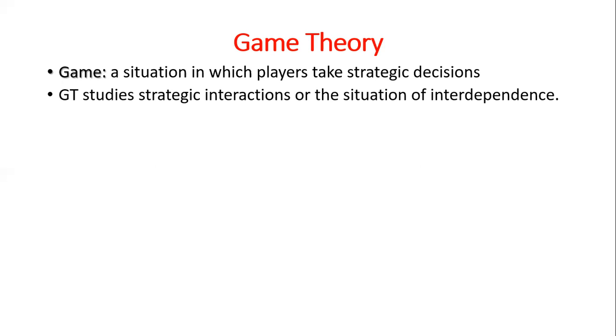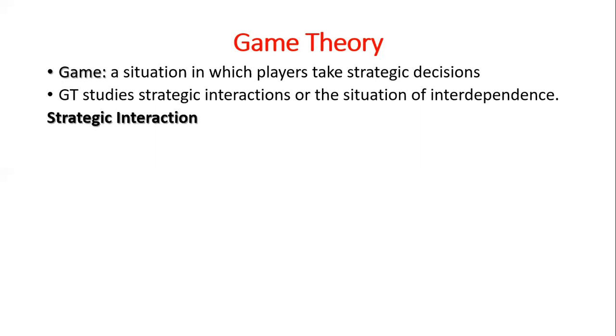However, many times in life we come across a situation in which what we get at the end does not only depend on our own decision, but it also depends on the decisions of others. Such a situation is called a situation of interdependence, and the decisions in such situations are called strategic decisions.